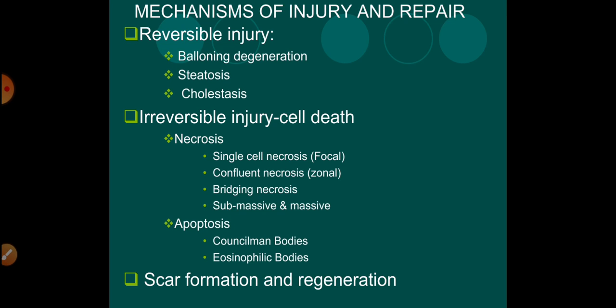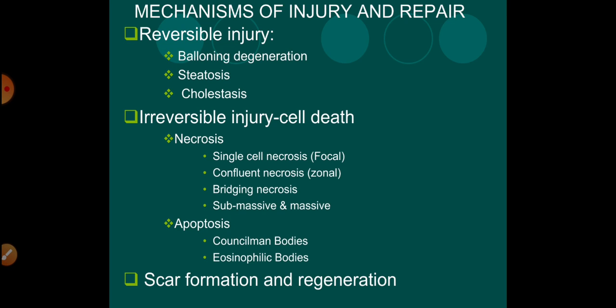Apoptosis. In apoptosis, the hepatocytes are shrunken with dense eosinophilic cytoplasm and karyorrhexis of the nucleus. They are seen as eosinophilic bodies and are also called Councilman bodies. After injury to the liver, the repair of the injured liver occurs by scar formation and regeneration.